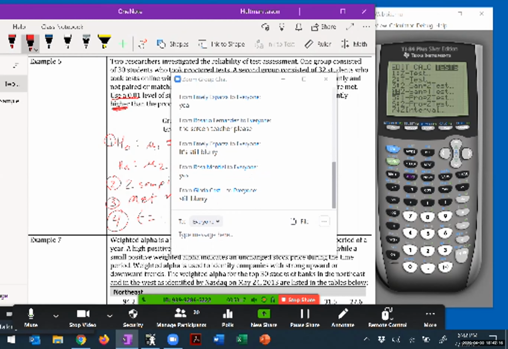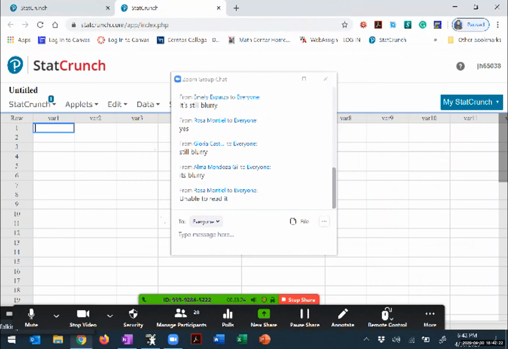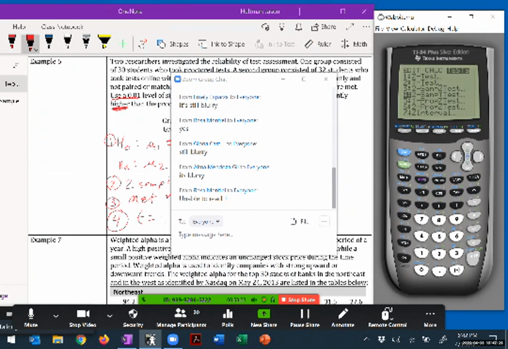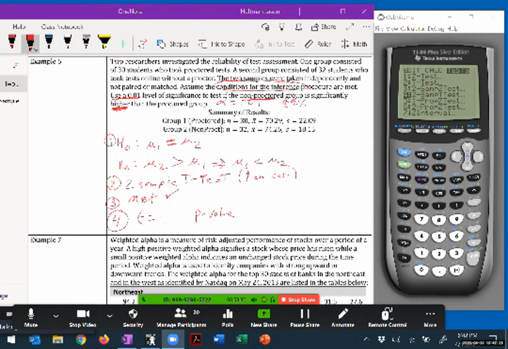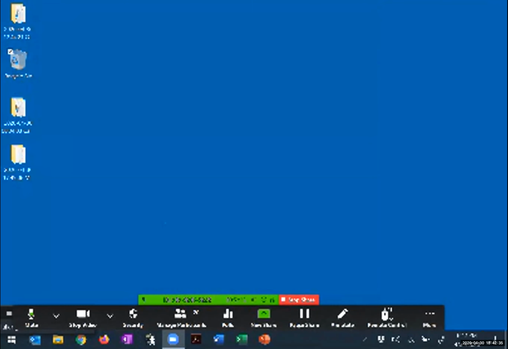Okay, I'm going to get rid of StatCrunch then. Goodbye to StatCrunch, and goodbye to this. We got rid of everything.